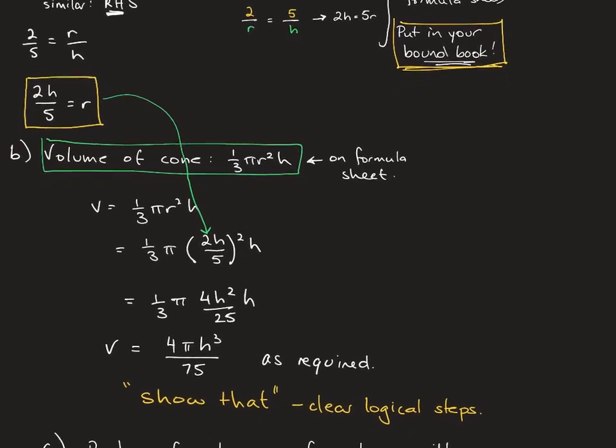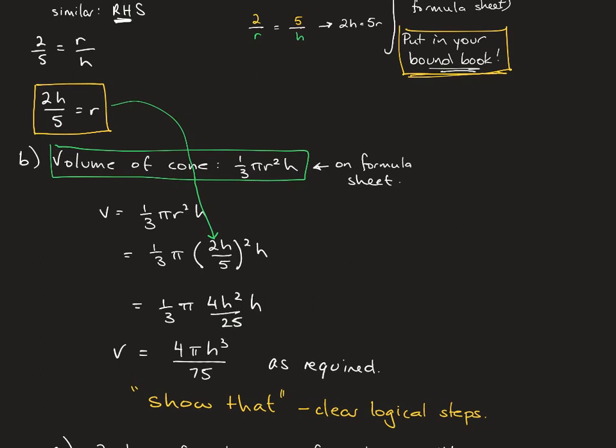So it's a show that question, and there's two reasons they'll do a show that. One, to get you to do some algebraic manipulation so that they can test that, and secondly, so that you've got what you need to continue on part D, E, F and G. But because it's a show that, you need to show clear logical steps.